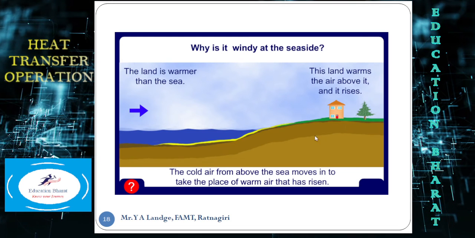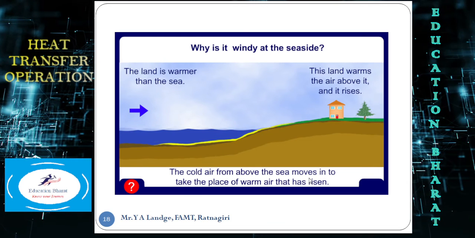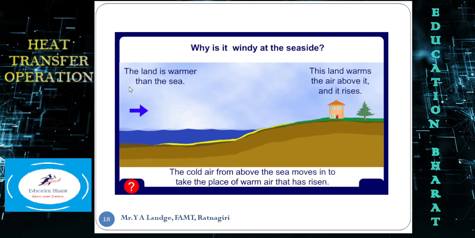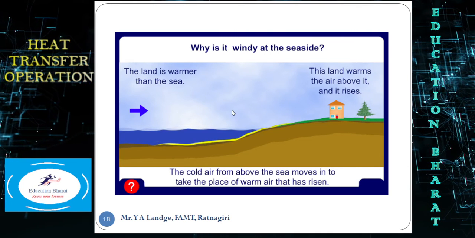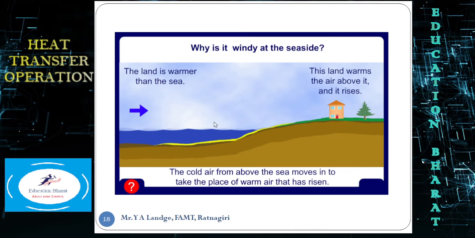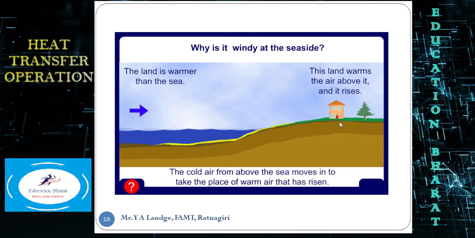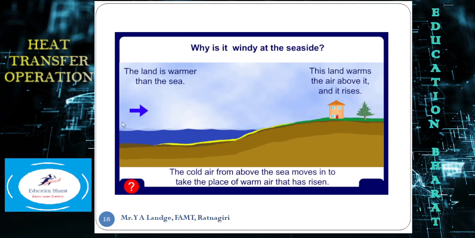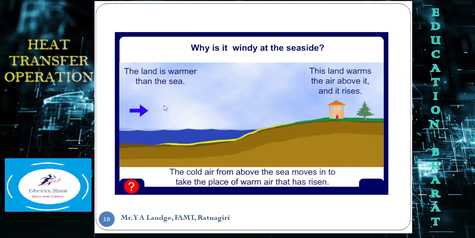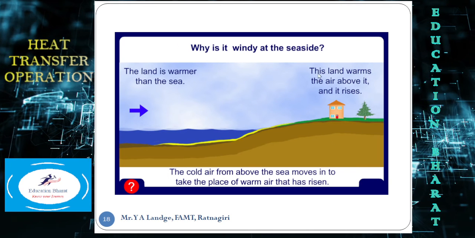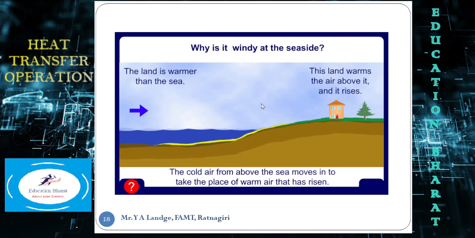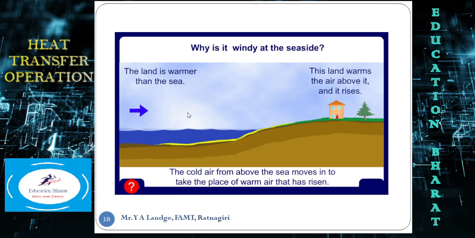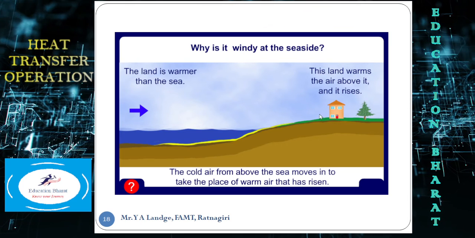So the cold air from above the sea moves in to take the place of the warm air that has risen, and because of that there is continuous wind from the seaside to the land. Here the atmosphere is warmer and there it is colder, so this air has less density and that has more density, and because of the differences, the buoyancy forces are applied and the air tries to move sideways.